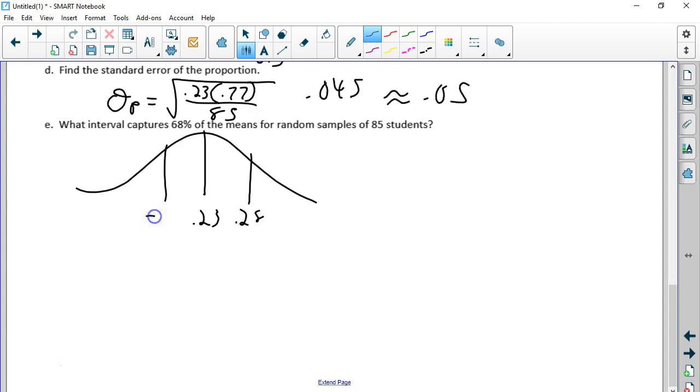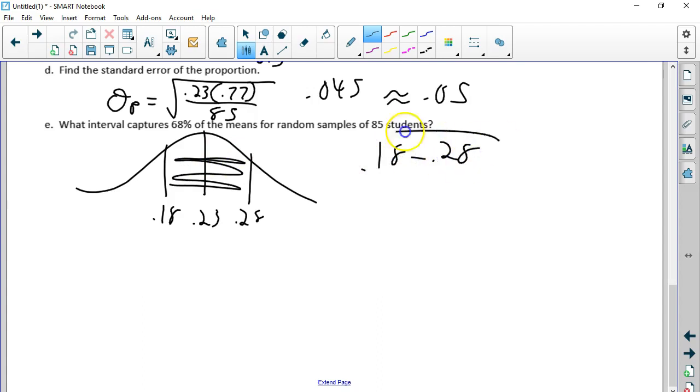And if we subtract, we get 0.18. That is my 68%. So from 0.18 to 0.28 is my interval that contains 68% of the population. And that's it.